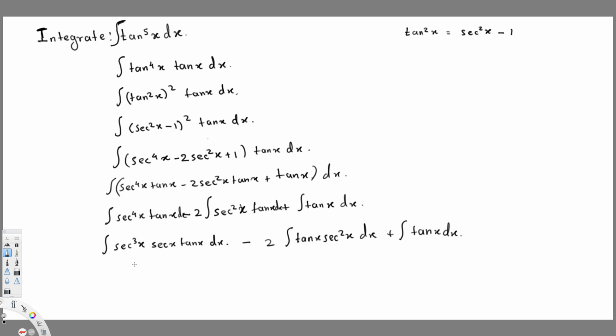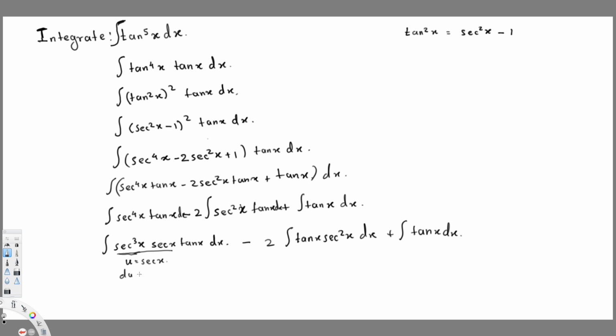Now let's do the integration. First of all, for this one we know the derivative of sec is sec x tan x, so we can take u as sec x. If I take u as sec x, we have taken care of all these things, now only this thing remains.